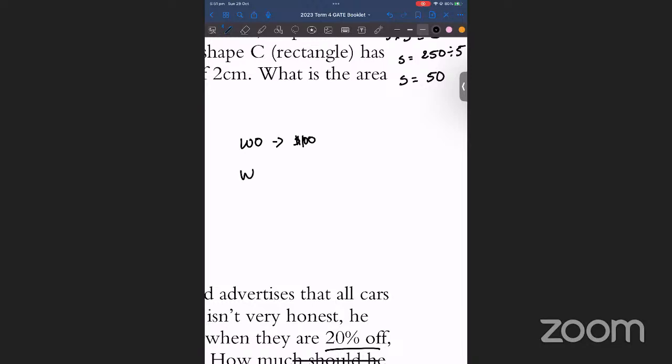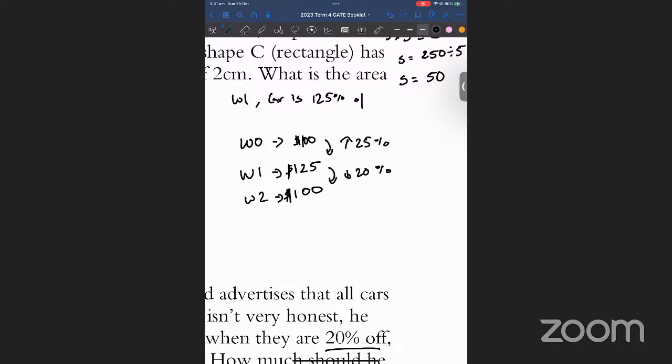In week 1, he increased it to $125. And in week 2, he decreased it back to $100. So this is an increase of 25%, and this is a decrease of 20%. And basically, you can just say in week 1, car is 125% of week 0. Do you understand?